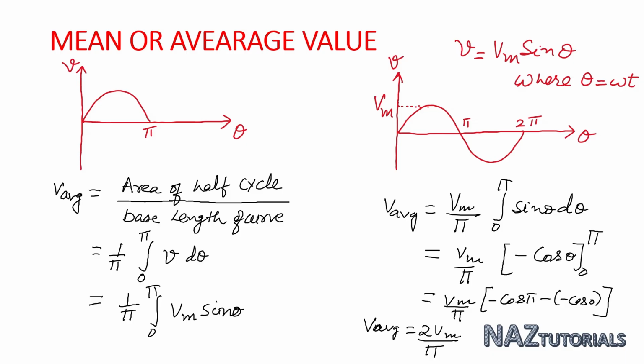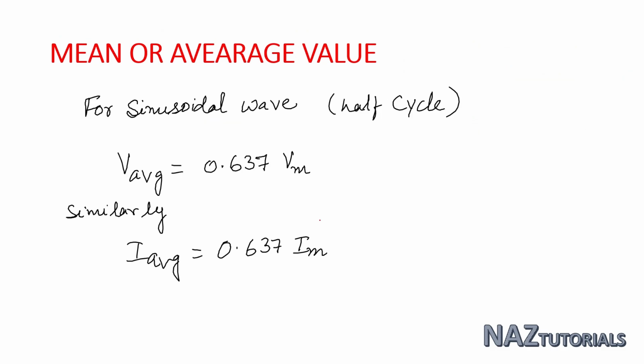So for the sinusoidal waveform, this average value is 2 Vm by π, or you can say it is 0.637 Vm. For the sinusoidal wave, the average value of the half cycle, for the voltage waveform, V average is 0.637 Vm. Similarly, the current I average is 0.637 Im.